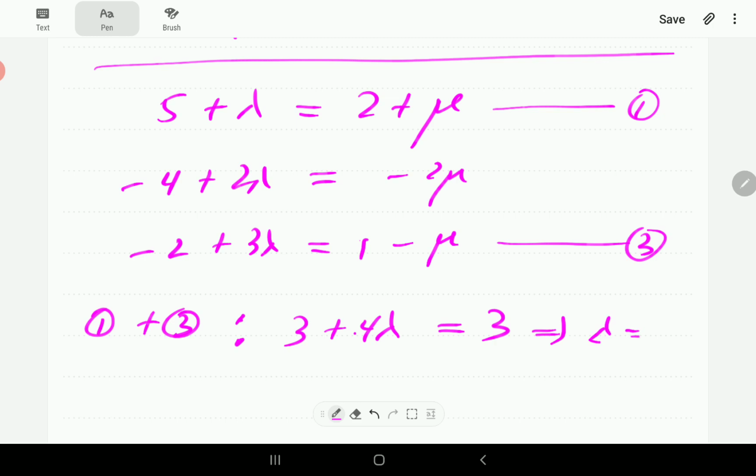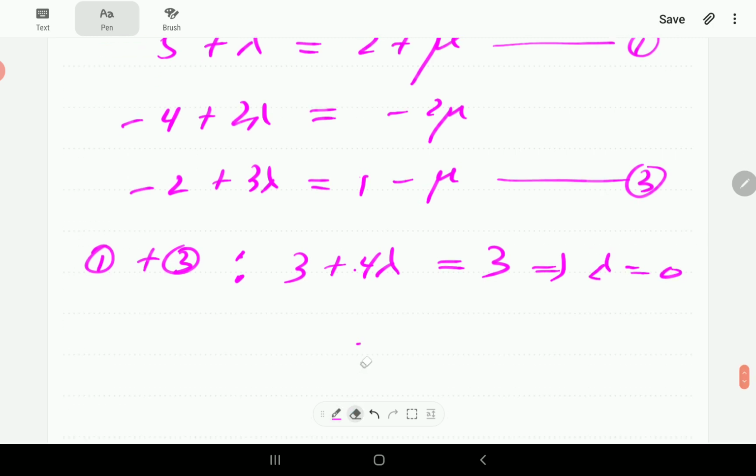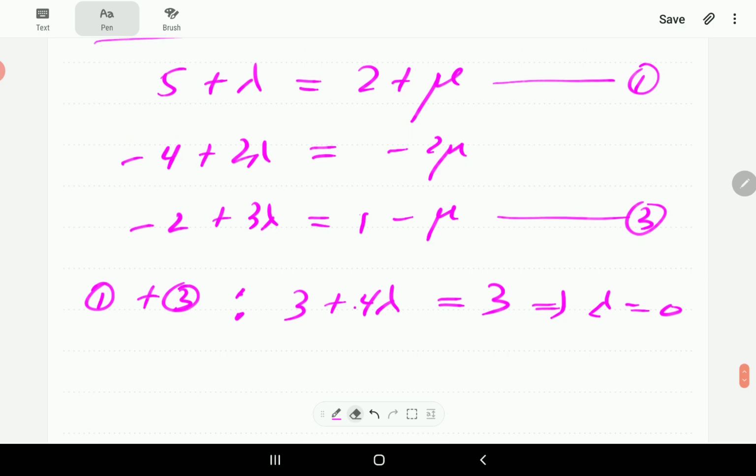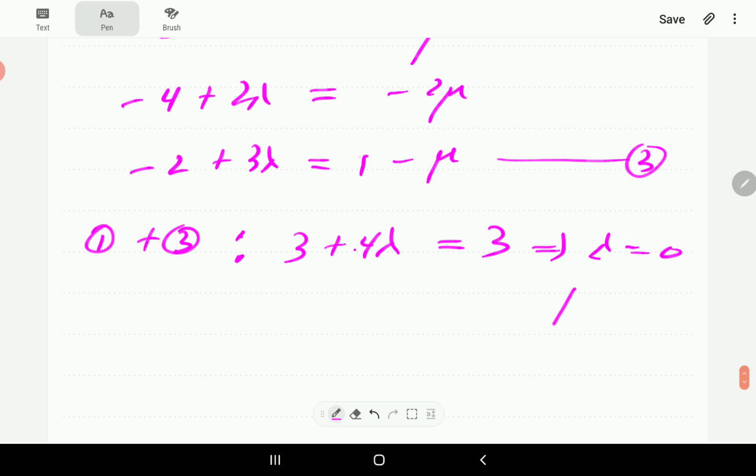So this is telling us that lambda is 0. If lambda is 0, if we plug in 0 here, then mu is going to be 3.